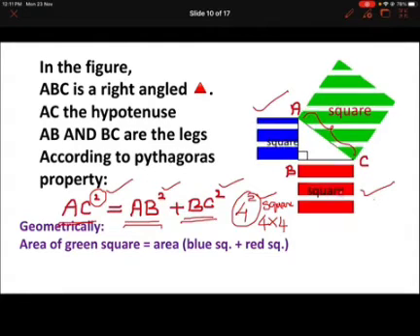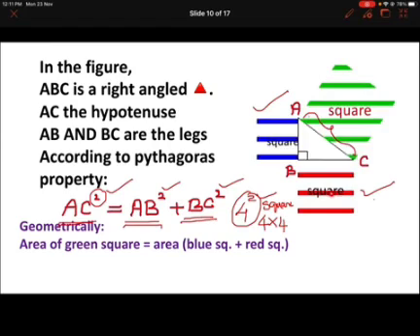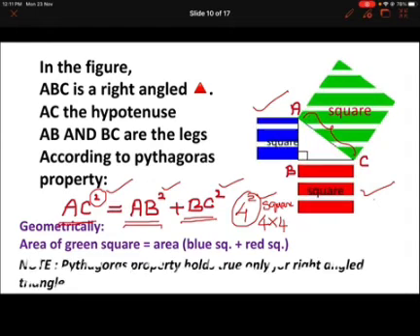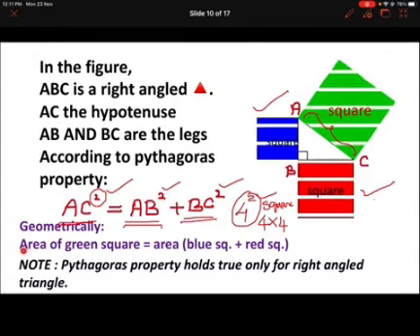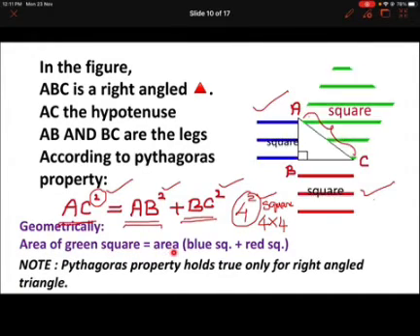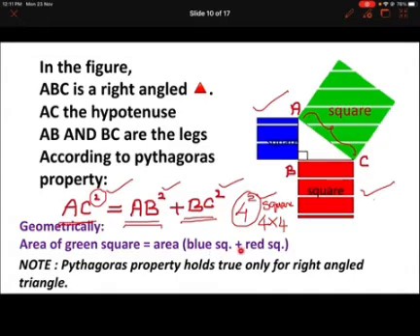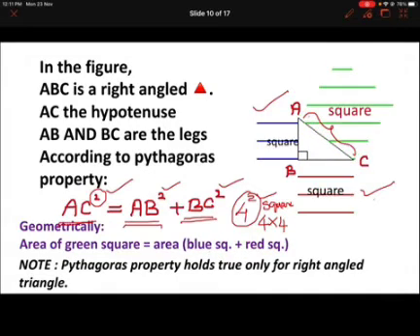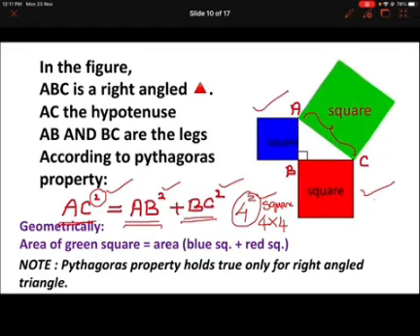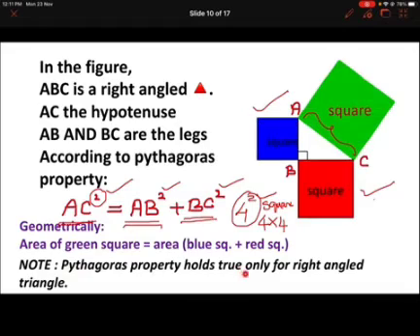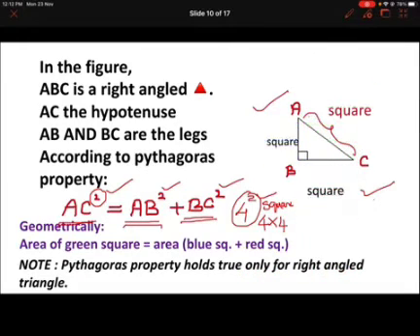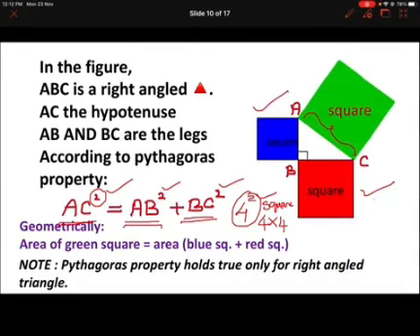The area of this square should be equal to the area of this square and this square. That property is called Pythagoras property. So here geometrically, area of green square equals area of blue square plus area of red square. Okay, so please remember this. Pythagoras property holds true only for right angled triangle. Okay, children?